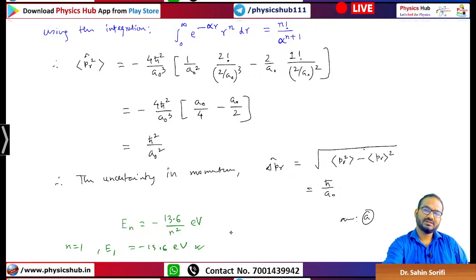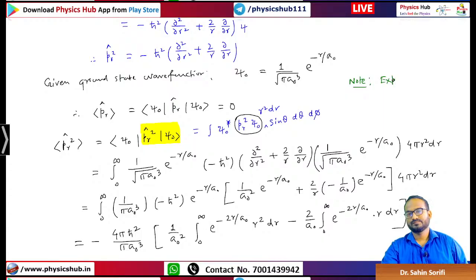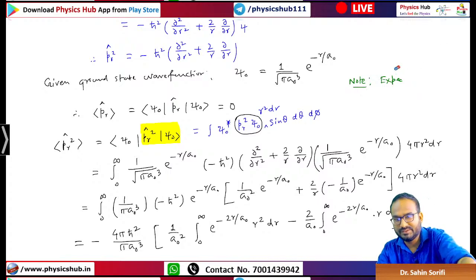Expectation of PR is equal to 0, because for a real function, the expectation value of momentum is always 0. This is true always. We have also already proved it. You can also calculate it in this way, you will get 0. So you can also write it as a note. Without calculation, you can say the expectation value of the momentum operator is 0.